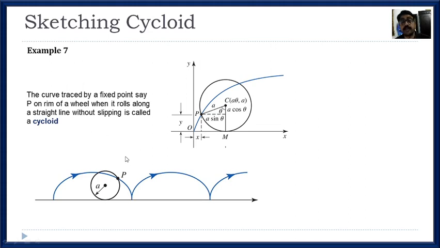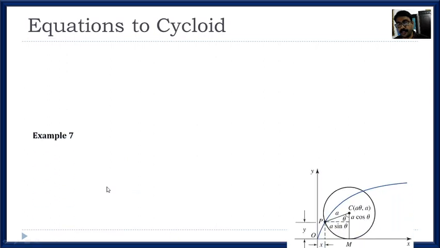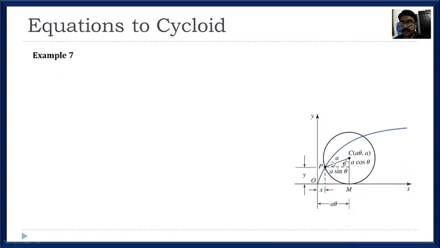Now we are going to find the equation of the cycloid. Imagine a particular instance when it rotates an angle theta. Suppose this is the position of that fixed point, starting from this point. Initially the circle was like this. This is the point.